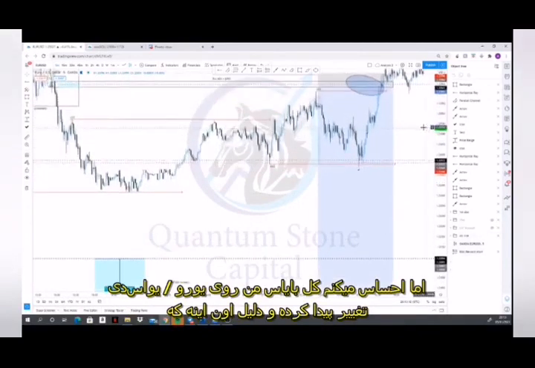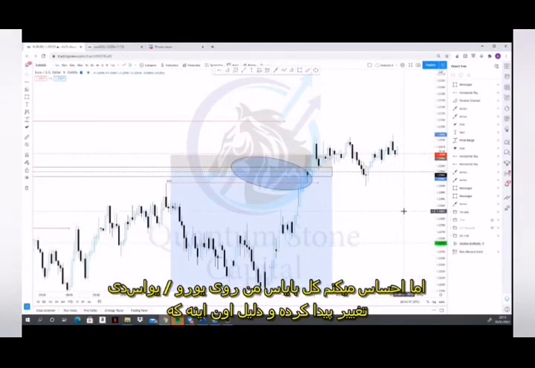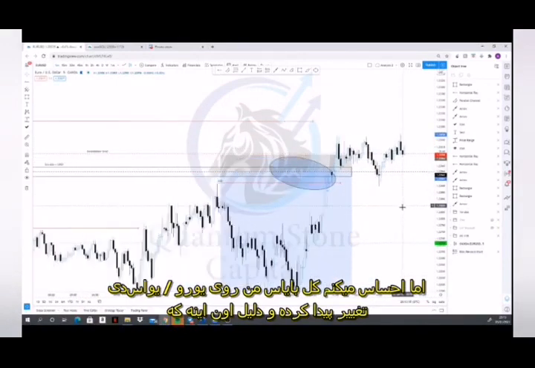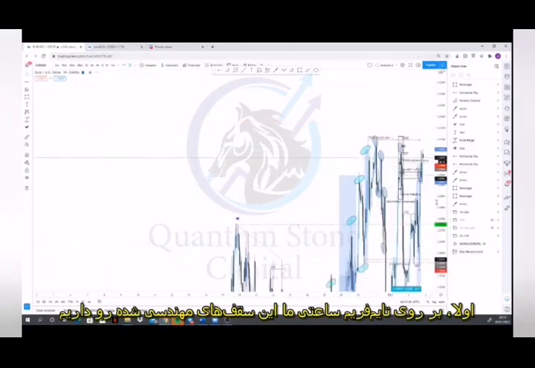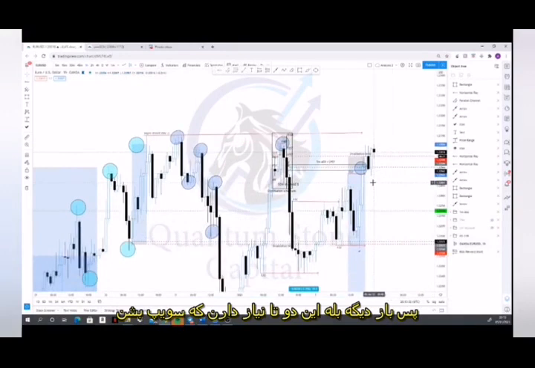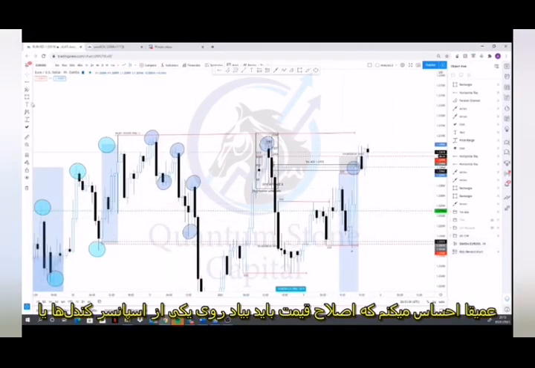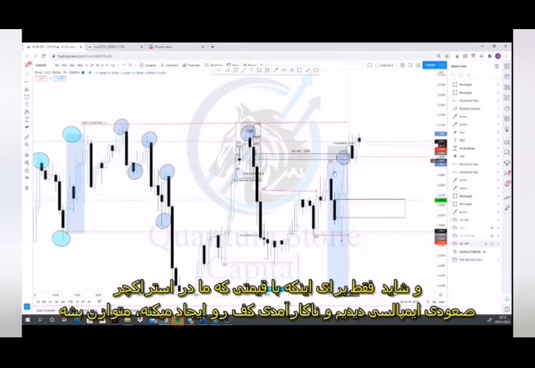But I feel my whole bias on Euro USD has changed, and the reasoning for that is, firstly, we do have these engineered highs on the hourly time frame. Yes, these do need to be swept, but I feel a deeper retracement needs to come into one of these sponsor candles, or arguably just to rebalance with price.